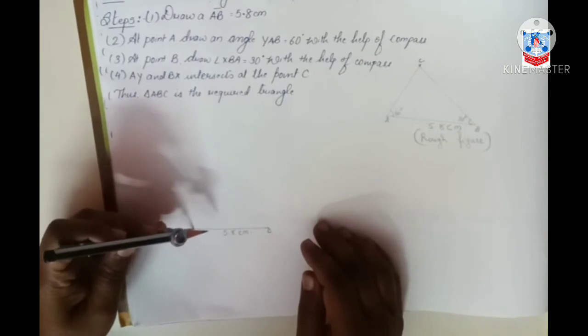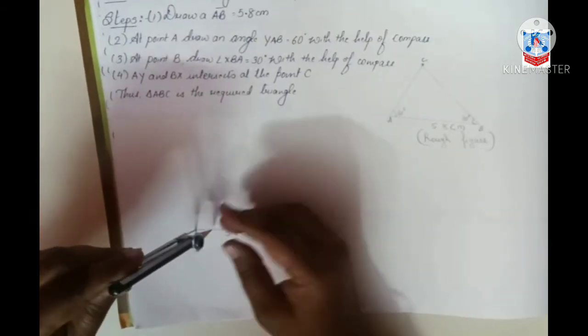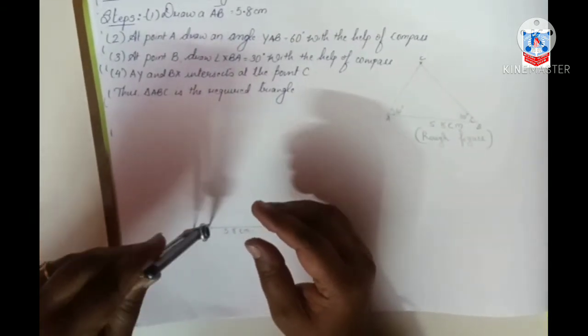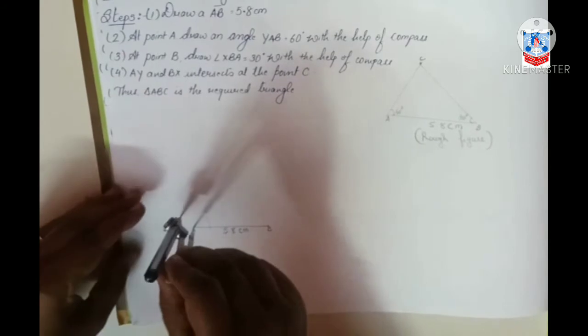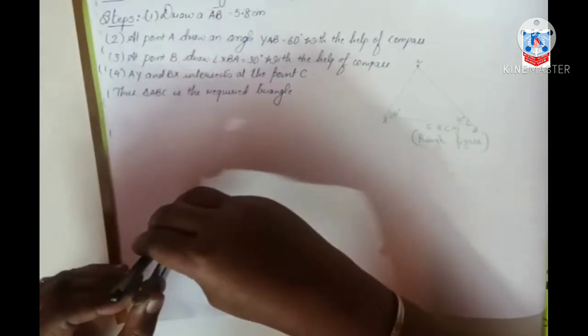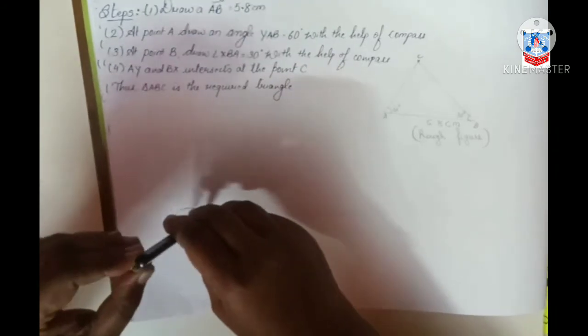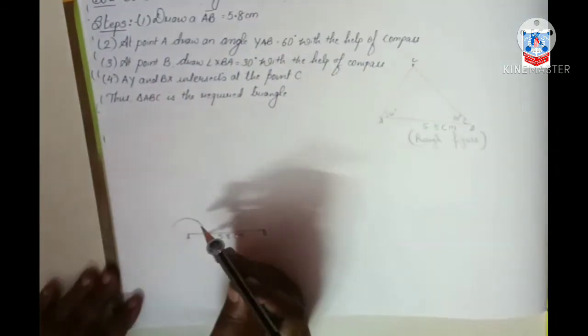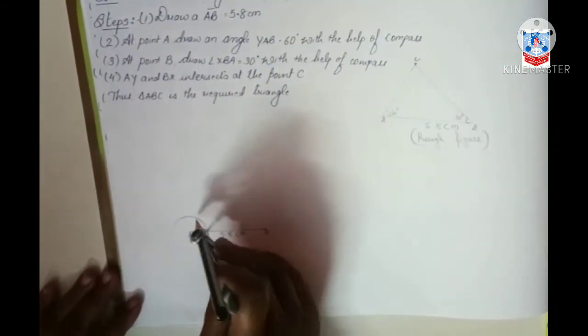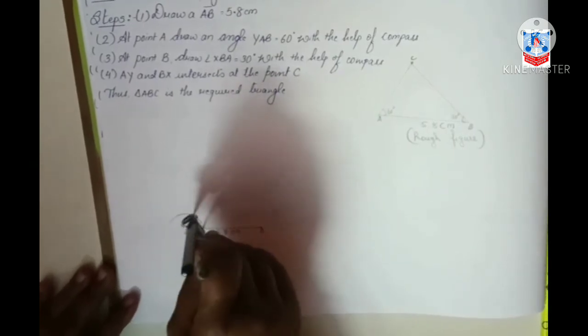So put the center at A and with any radius draw an arc. Like this way draw. Now with center here make an arc. Now join this.